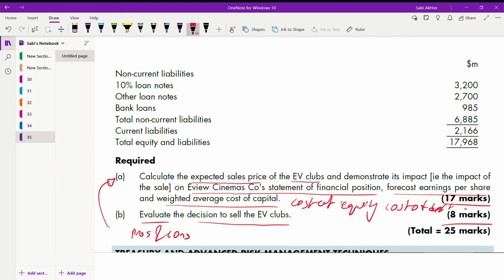You are basing your decision on your financial information, what you have just calculated. You can use your EPS, the financial position, your WACC. For all these areas you can mention how it has improved or declined, and then say whether it is advisable to sell or not.